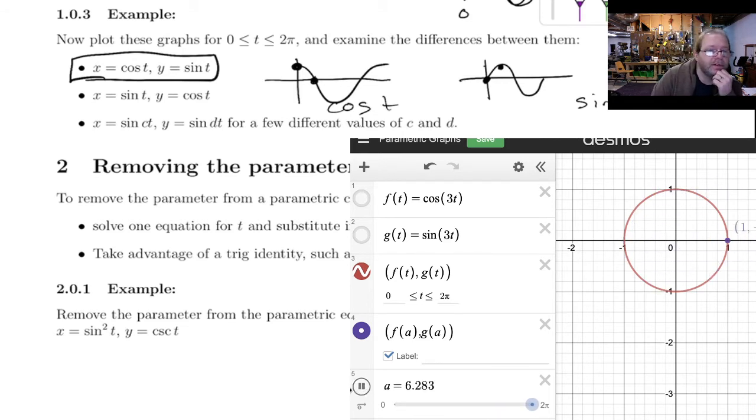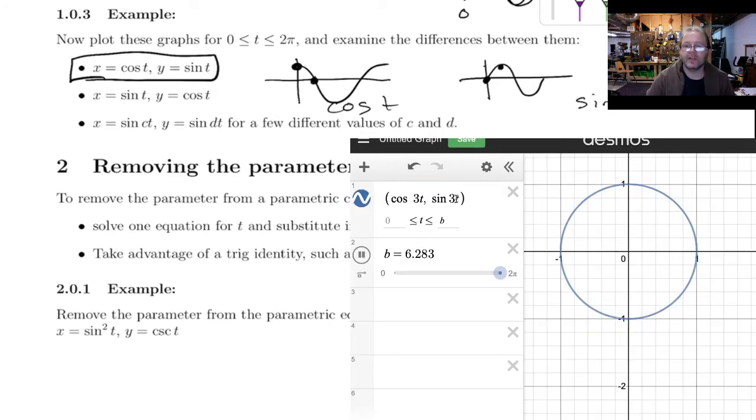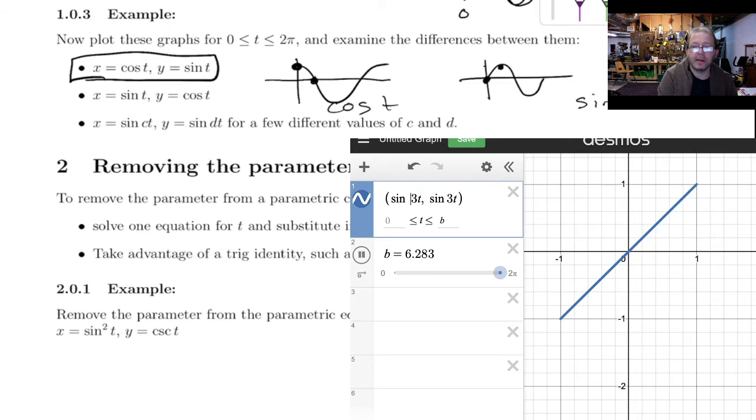All right, what are the other things we have over here? We had cosine and sine, which gave us the unit circle. If we swap sine and cosine, we're still going to get the unit circle, but instead of traversing in this direction, it's going to traverse it in the opposite direction. So let's go back here and do it. I'm going to change this to sine, and this to cosine.